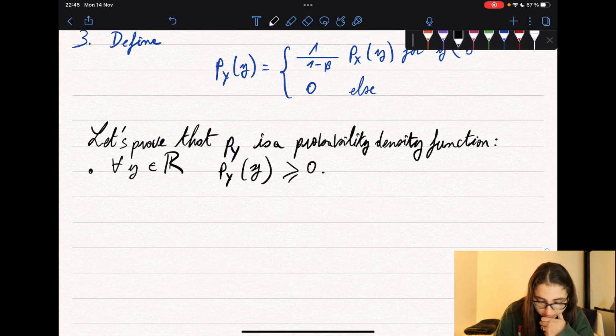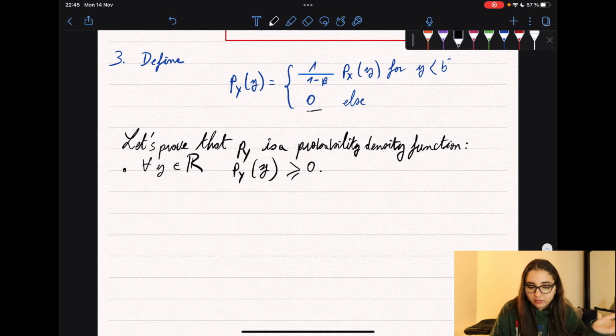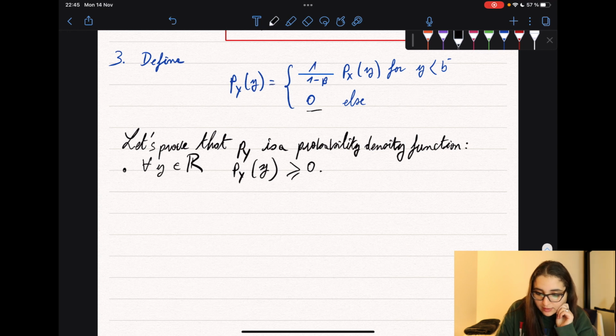Well, we can obviously see here that for y higher than b, it's equal to 0, so this inequality is satisfied. The other thing that we can see is that for y less than b, we have a multiple between px, the probability density of x evaluated in y, and this quantity here, 1 over 1 minus beta.